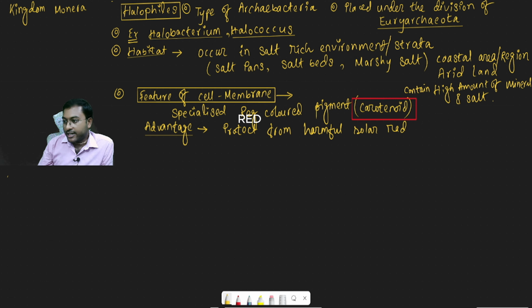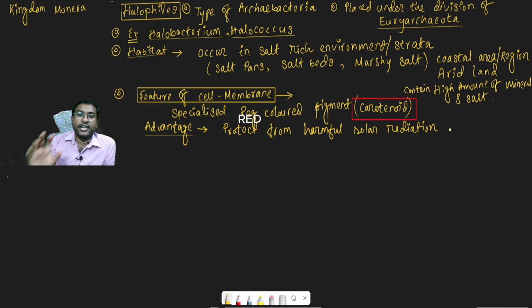So due to the presence of the carotenoid pigment, they protect themselves from harmful solar radiation with the help of this specialized type of pigment present inside the cell membrane. This is very important.